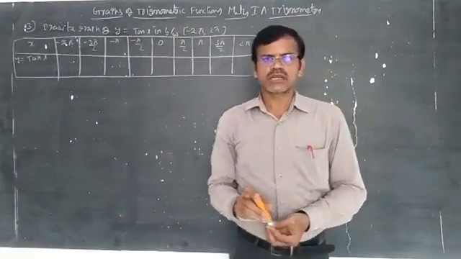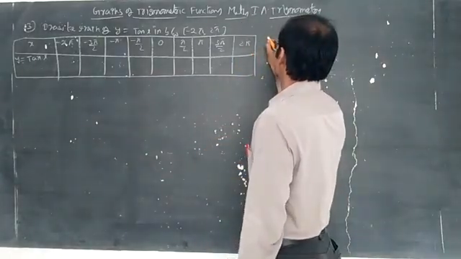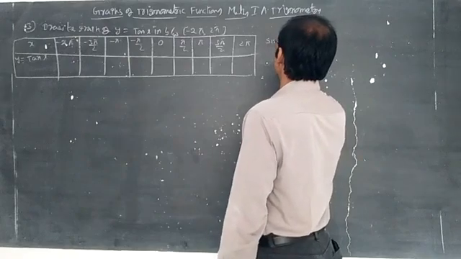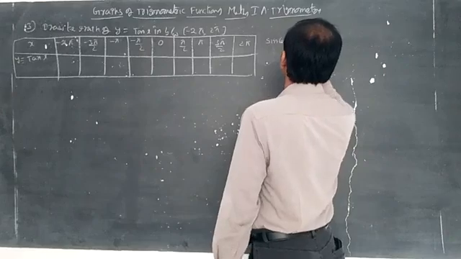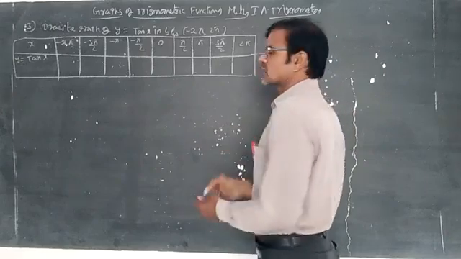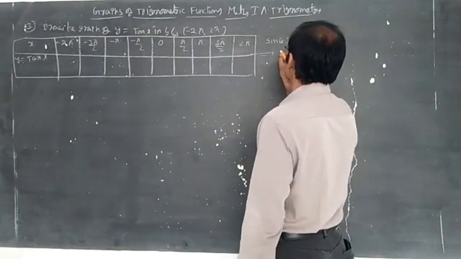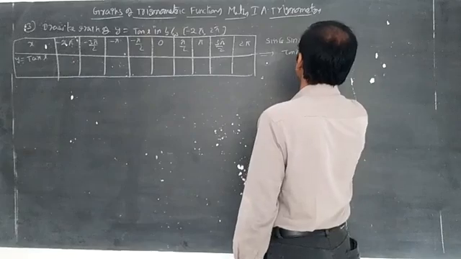We know that tan theta is equal to sin theta by cos theta. So, since sin n pi is equal to 0, yesterday I said that sin n pi is equal to 0. Since tan theta is equal to sin theta by cos theta, 0 by anything becomes 0. That implies you can write tan n pi is equal to 0.